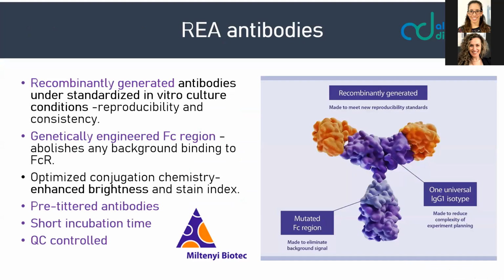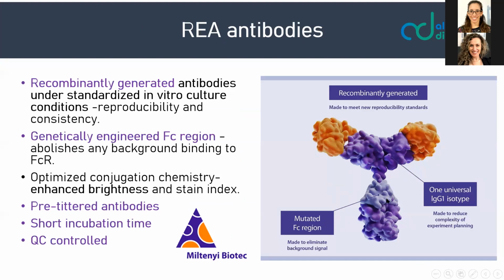This is a very new and very innovative antibody line from Miltenyi Biotec. These are recombinantly generated antibodies. What is very special and unique for these antibodies is, first of all, they are all of human IgG1 isotype, and they all have a mutated Fc region, meaning that these REA clones do not bind Fc receptors unspecifically.